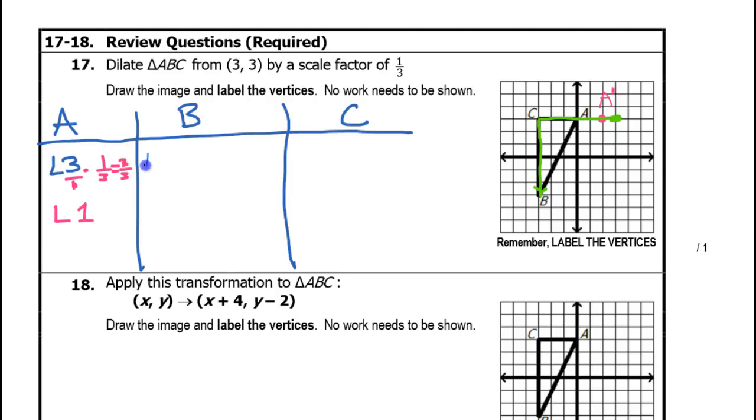So I had to go left and I had to go down. So let's see, that was left 6 and down 6. That's how I got to point B.